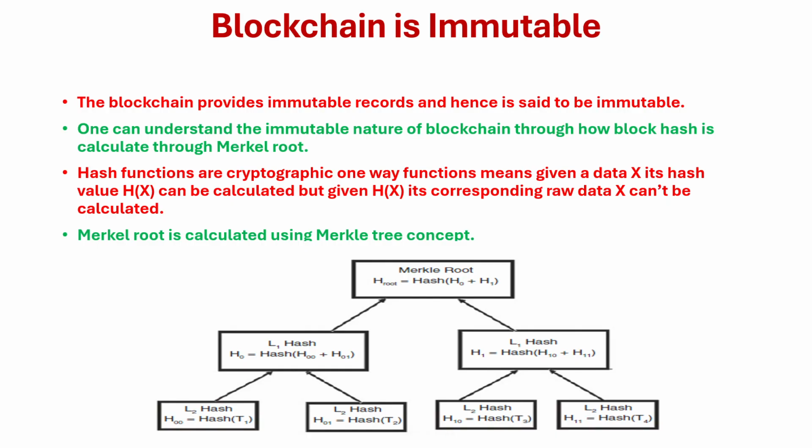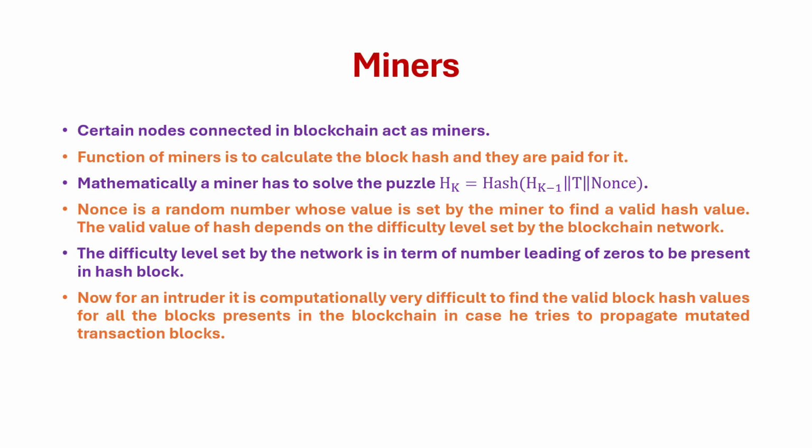And then what miners do is they find the block hash value. The block hash value is a unique number which identifies a block. How is this block hash value calculated by the miner? They append the Merkle root value, which is represented by T, as you can see in the third point.